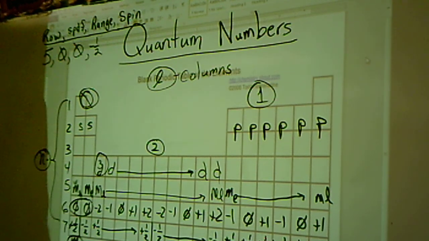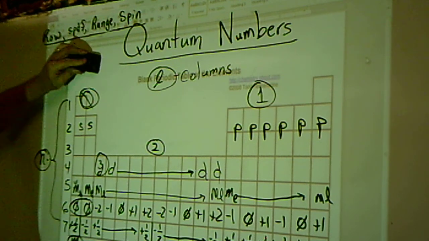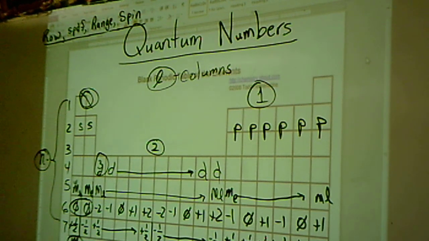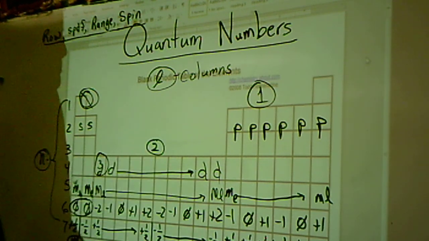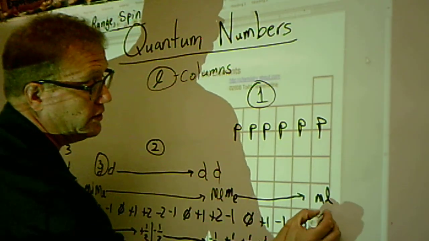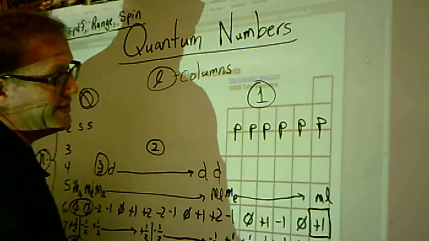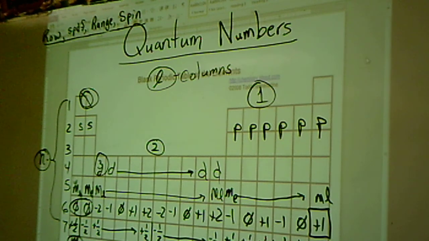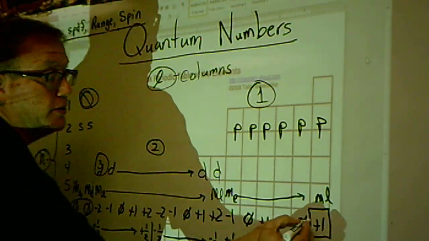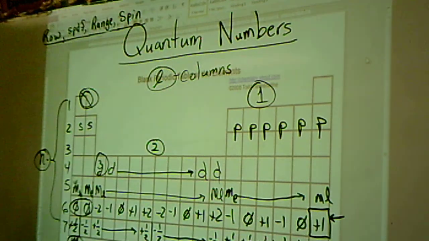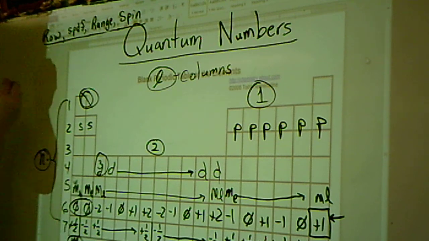Let's go ahead and do another one. The nice part is they actually follow the same pattern. You can do it without even knowing what the element is, though it would be helpful to know. If I just put a box, it's kind of easy to figure out what your quantum numbers are going to be. So let's do that element here, which is the noble gas. It's still in the row 6, or the energy level 6.